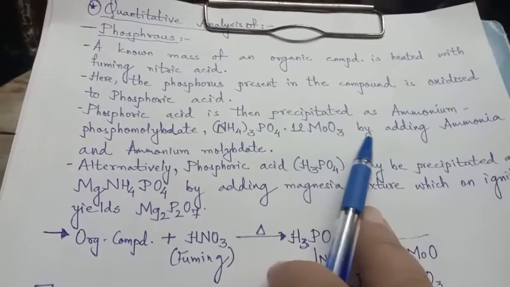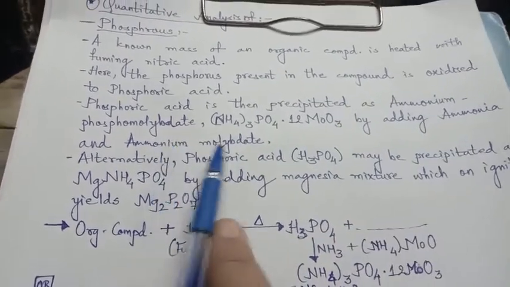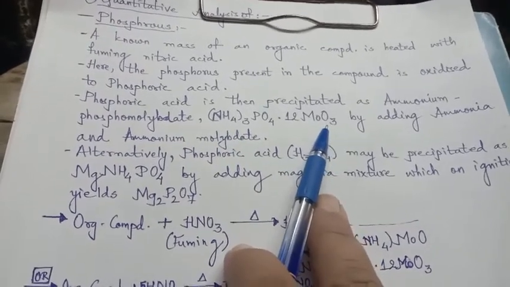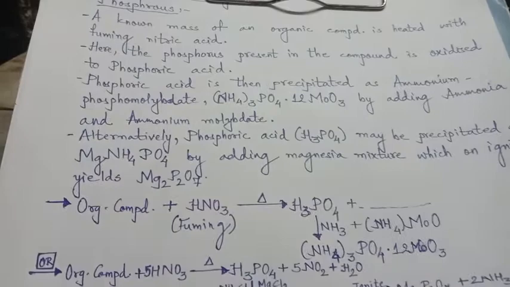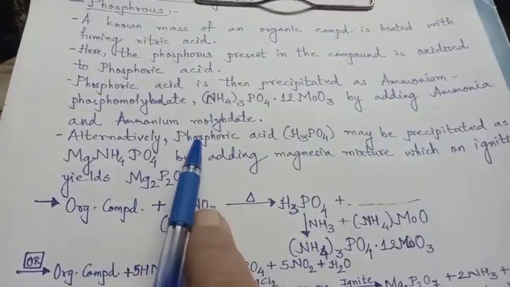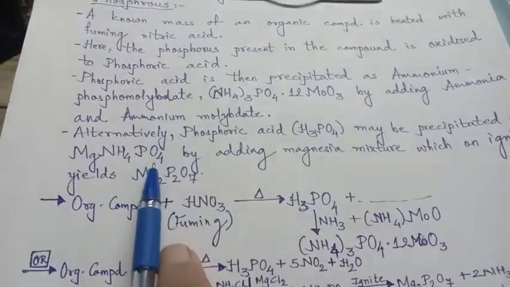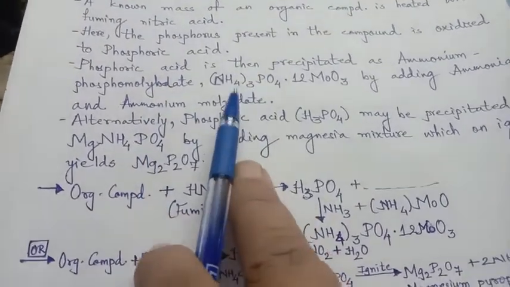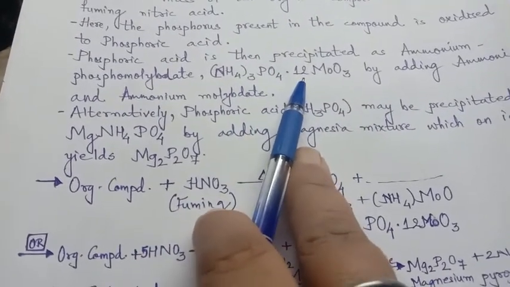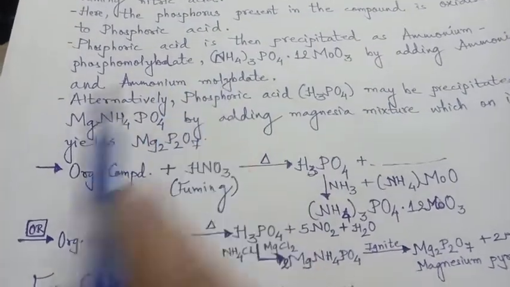This is obtained by adding ammonia NH3 and ammonium molybdate, that is (NH4)2MoO4, to phosphoric acid. So these two are added, ammonia as well as ammonium molybdate, to the phosphoric acid to get ammonium phosphomolybdate.